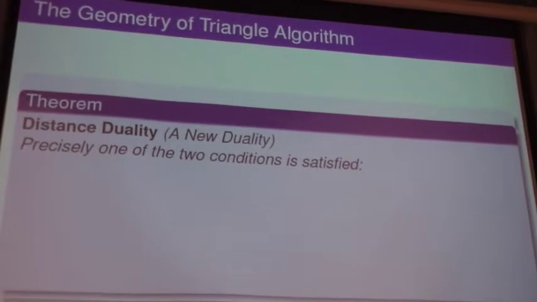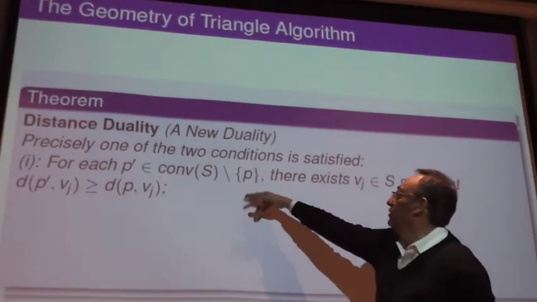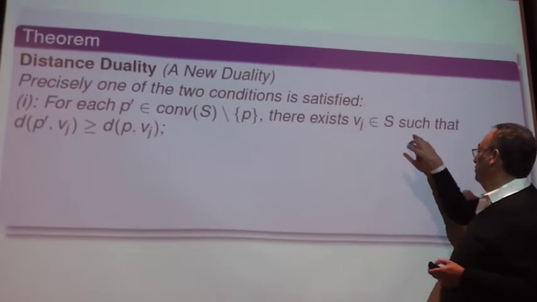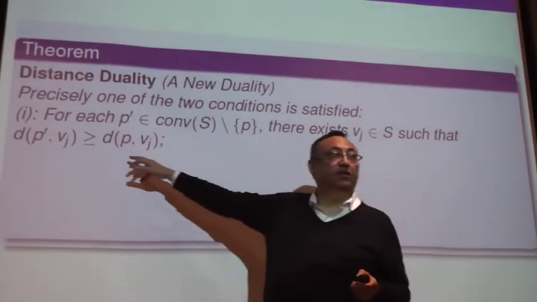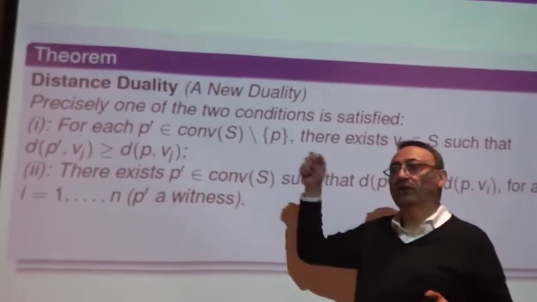Now here I'd like to state a duality, what I call distance duality, that says precisely one of the two conditions is satisfied. One, for each P prime in the convex hull, there exists a B_j such that this inequality is satisfied. So there's always a pivot point. That P prime could be in the boundary too?